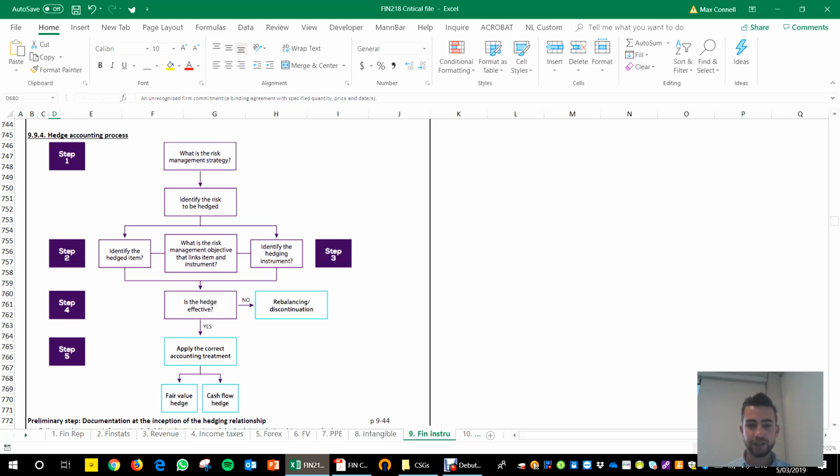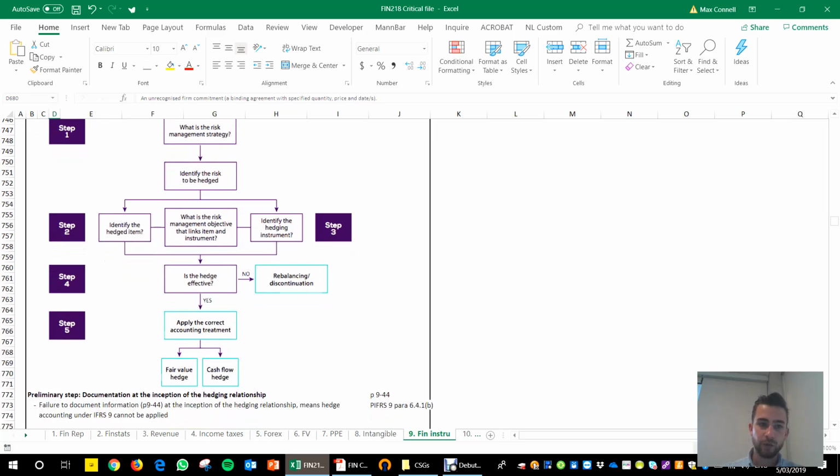Whereas under this current standard, it's much more broad. It doesn't need to be a certain dollar value of effectiveness, as long as you can prove the economic effectiveness and relationship. So if you didn't understand what that meant, that's fine. We'll talk about that in a second. So remember, it's important for businesses to be able to satisfy this because it's beneficial to them.